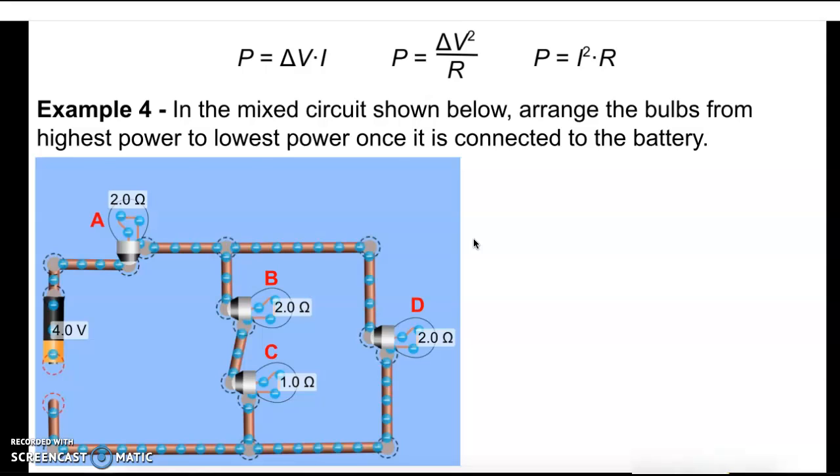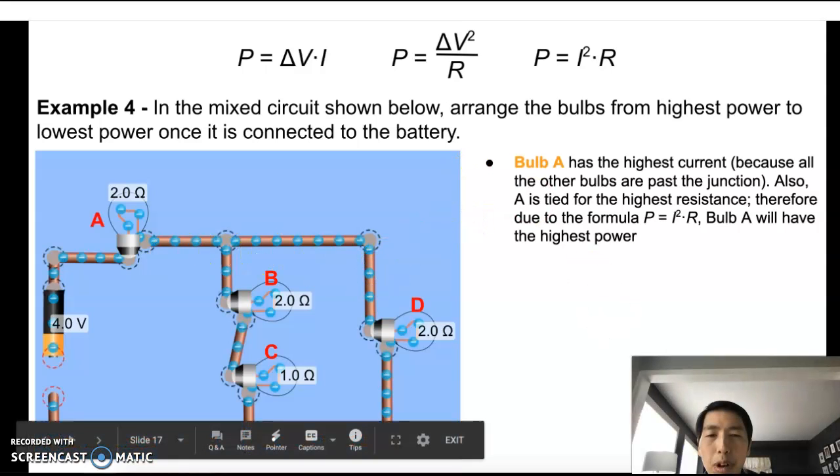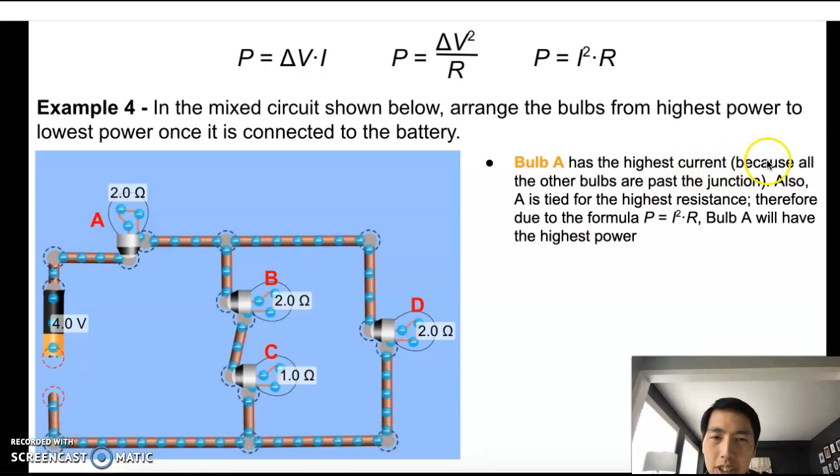So this requires a lot of work, actually a lot of explaining, so I'm just going to try to quickly go through it. First of all, light bulb A is going to be the brightest, and I wrote the reasons here. Light bulb A has the highest current, first of all, because all other bulbs are past the junction.